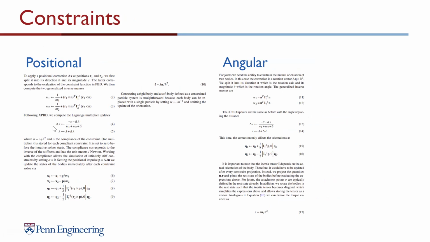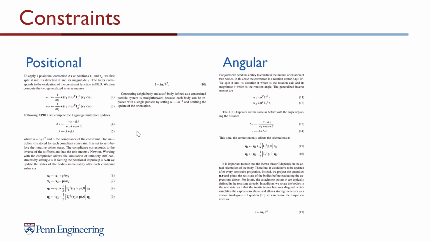It looks very difficult, but it's actually not very hard. Basically, they update the position based on this lambda, which can be calculated with the first two terms. Those are just inverse mass. You calculate the lambda, and then update the position based on this equation.